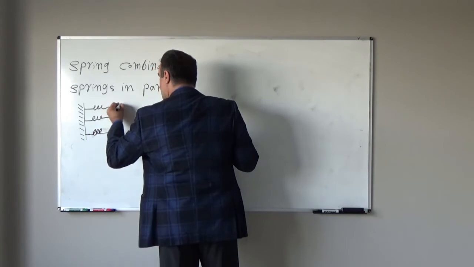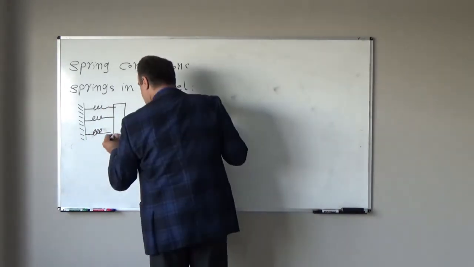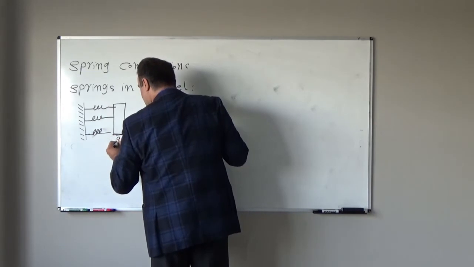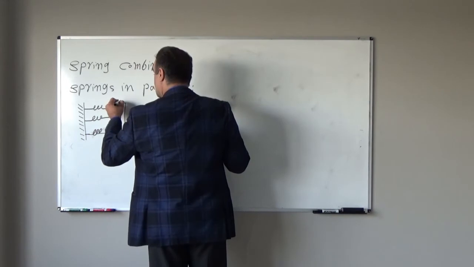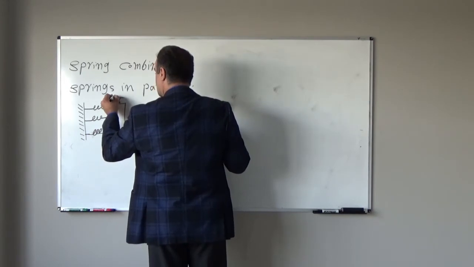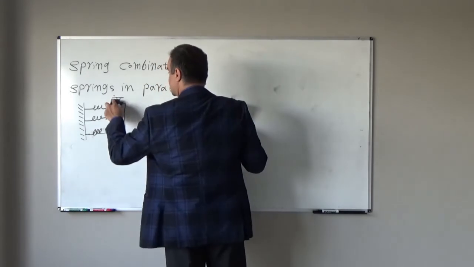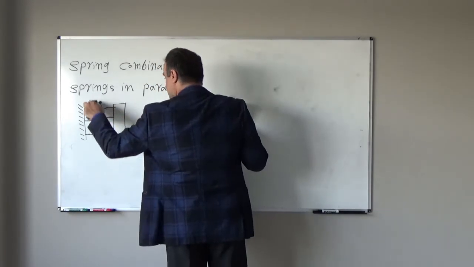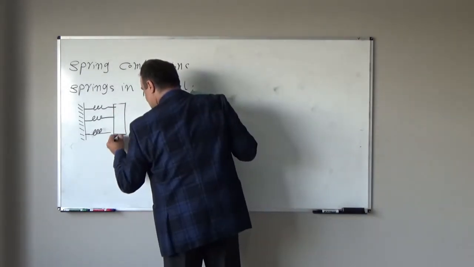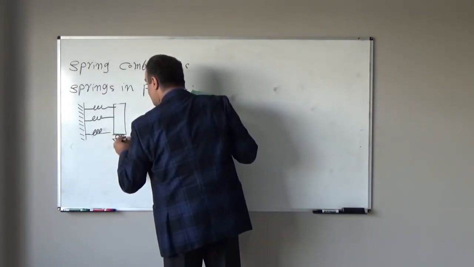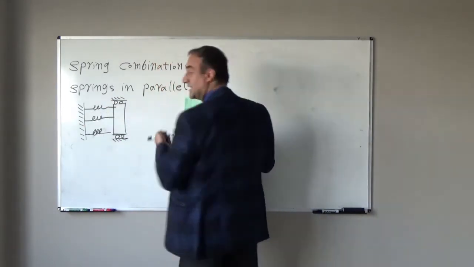I attach all these springs to one rigid beam, and I prevent rotation of this beam. I show it like this. This rigid beam can move only in the x direction.